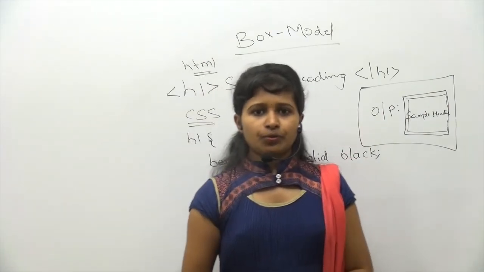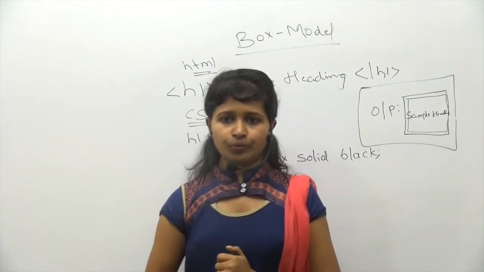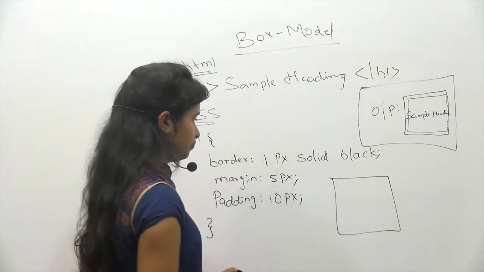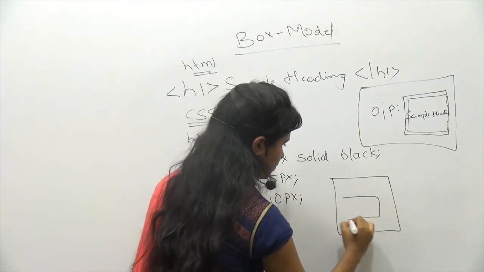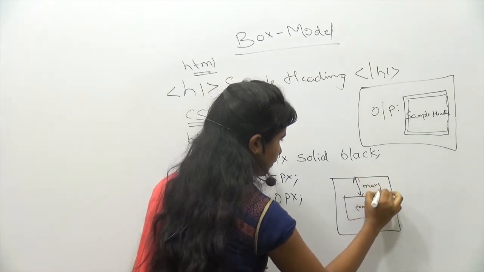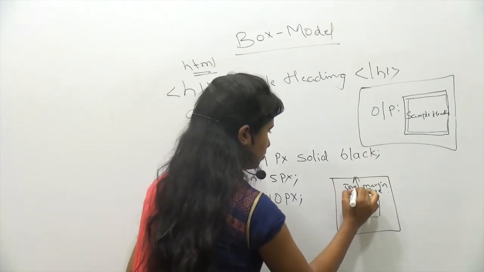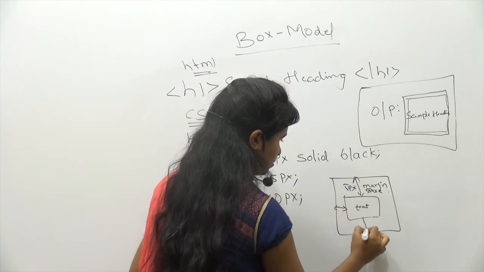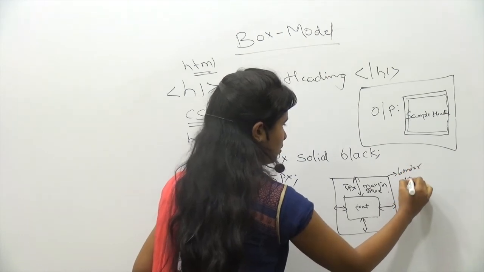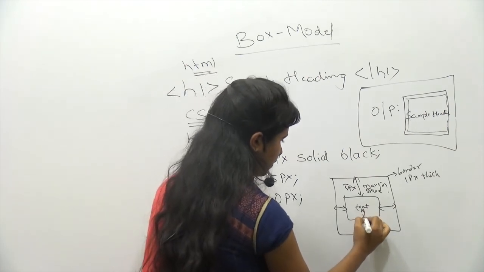Now we are going to see this program in the application. Fine. Now you see in the output how it is coming. Margin space 5 pixels. This is the border, 1 pixel thick, and padding.